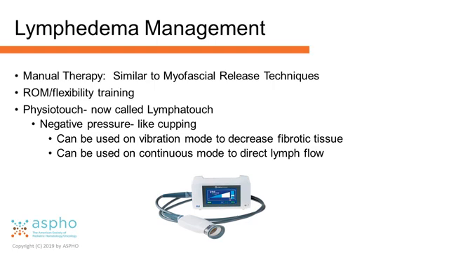Cupping can produce up to 2,000 millimeters mercury of distraction pressure, where with this device we can control between 0 and 250 millimeters mercury of that distraction, opening up the interstitial spaces, and there's also a vibration mode on there to help decrease scar tissue, but that can help to direct lymph flow and open those tissues up. We've actually had very good outcomes. It's improved our outcomes significantly, such that at our center, we've had the device for almost 2 years, and we have 4 of them now because they're very highly utilized in the clinic.